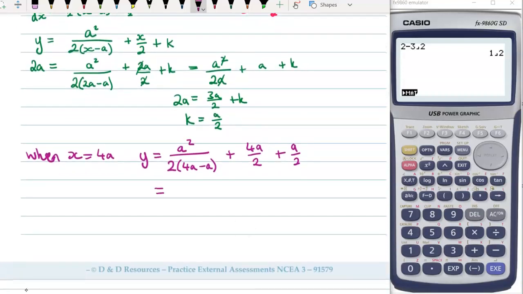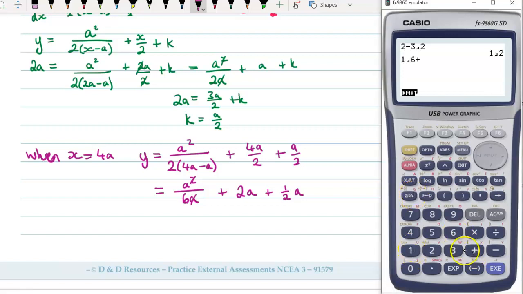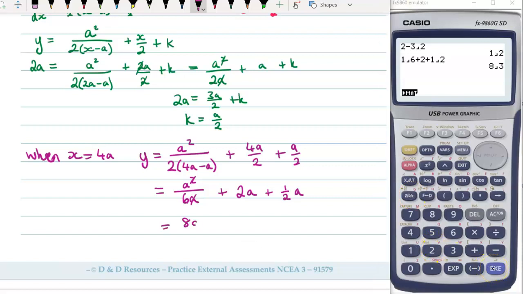So we have a squared over 4a minus a is 3a, times by 2 is 6a. We have 2a here, and we've got half a here. Okay, that squared cancels with that a. So now we have a sixth plus 2 plus a half is equal to 8/3 of a, or 8a over 3. And that's us done.